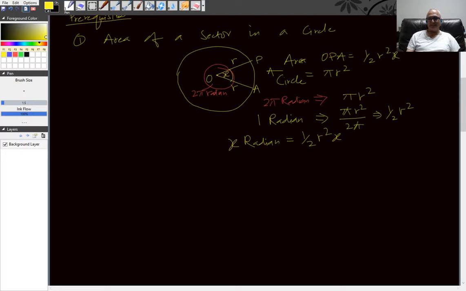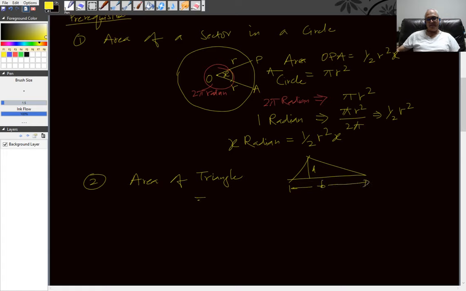Second is the area of a triangle. I'm sure you know this from a long time, that if this is a triangle and this is the height and this is the base, the area of the triangle is half HB, where H is the height and B is the base.